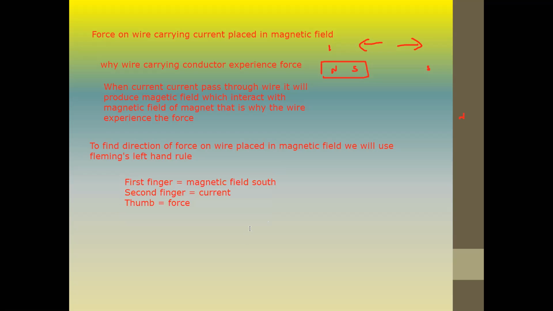The first finger represents the magnetic field, north to south. How to use the rule I will show. But the first finger represents the magnetic field, the second represents the direction of the current, and the thumb is pointing towards the force.